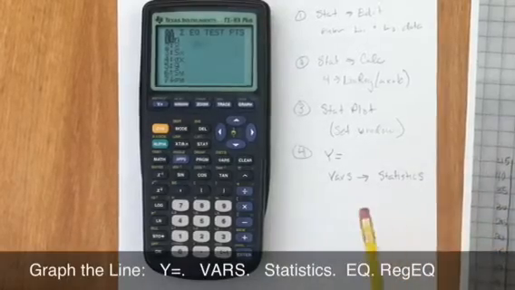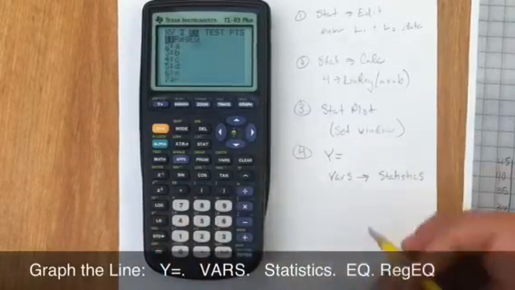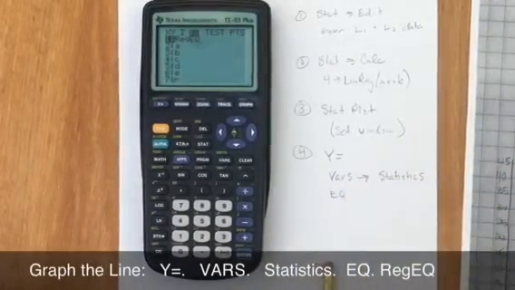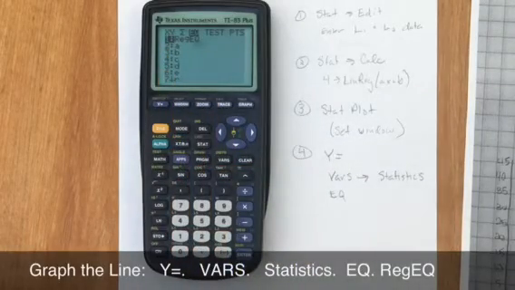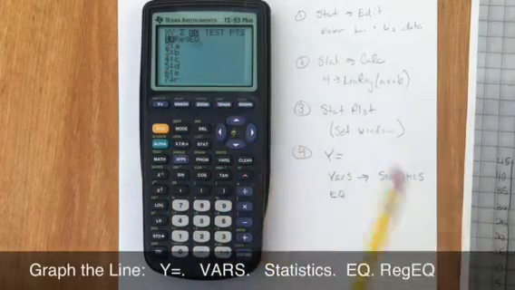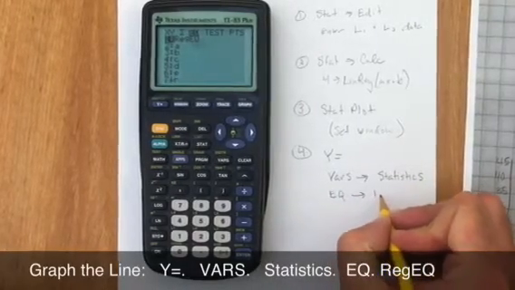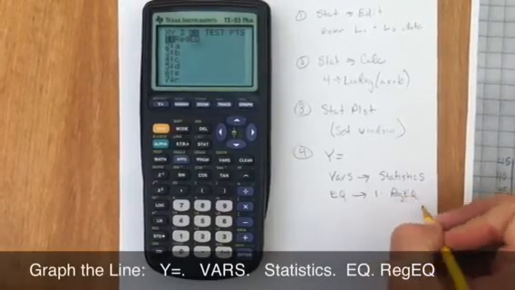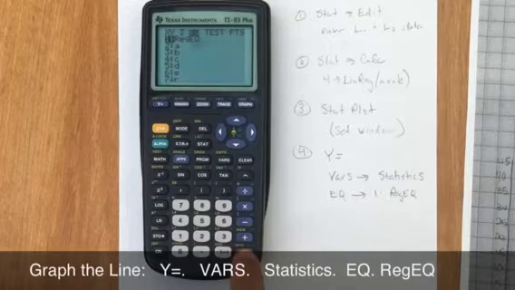Then I'm going to arrow over to the EQ. And number 1 is your regression equation, and that's what I want. My regression equation.